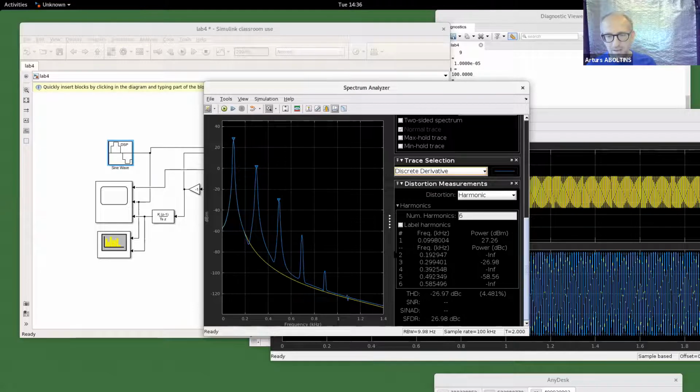And here you see the first harmonic is 27 dBs. And the second harmonic doesn't exist, but we have a third harmonic at minus 20 dBs. Okay, but it's wrong.